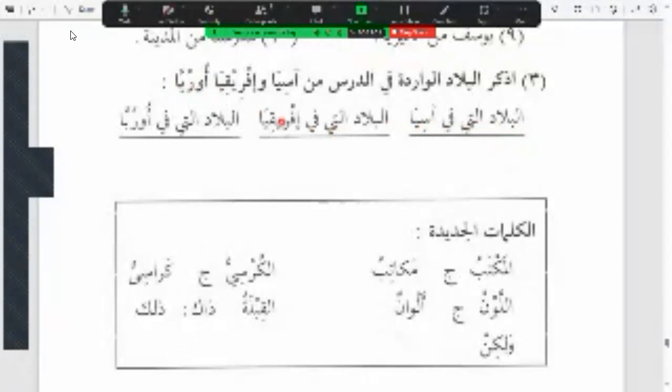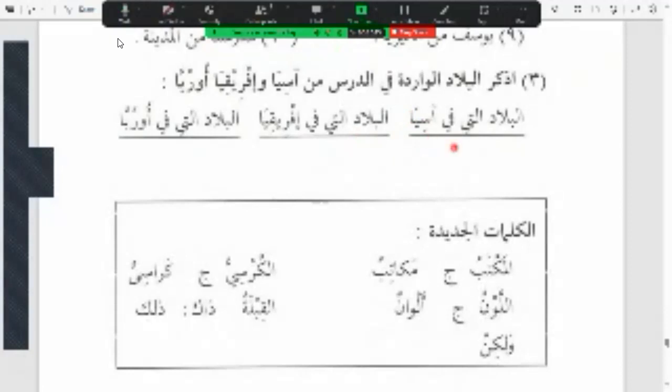Al-Bilad alati fi Africa. Al-Bilad alati fi Uruba. So you've got three choices: Asia, Africa, and Europe. The countries must fall in these categories. This is just a test that you know the location of your countries. So you must know the continents and the countries.